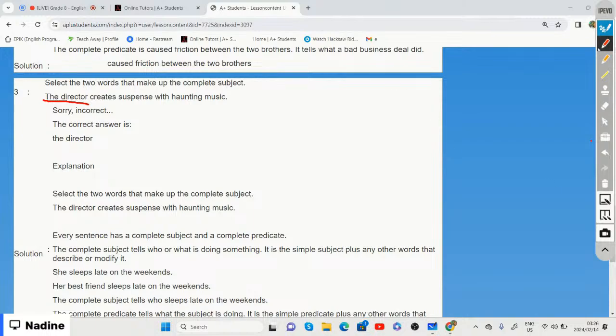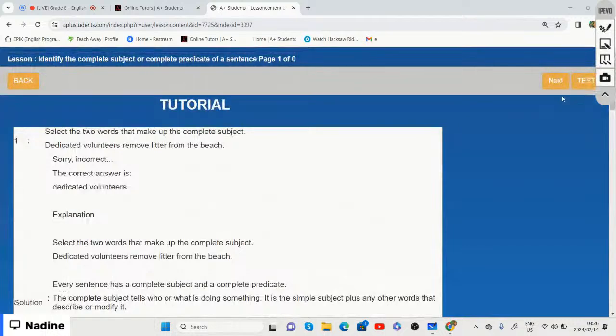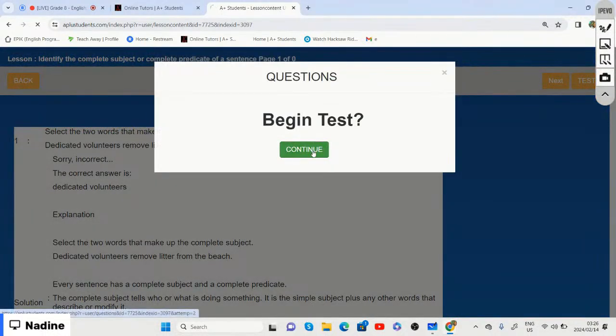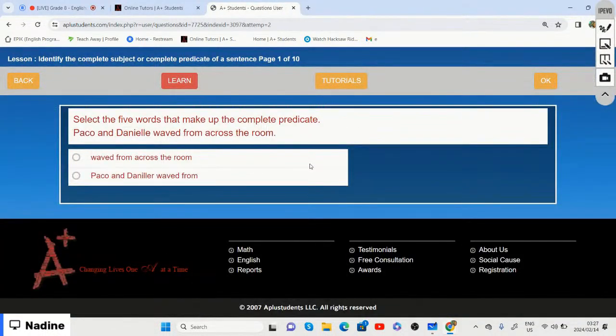Right? So now we're going to our test. So we're going to identify the complete subject or complete predicate of a sentence, right? And we're going to select 5 words that make up the complete predicate. Remember, we said the predicate basically tells us the action that is being done, right, by, let's say, the subject.